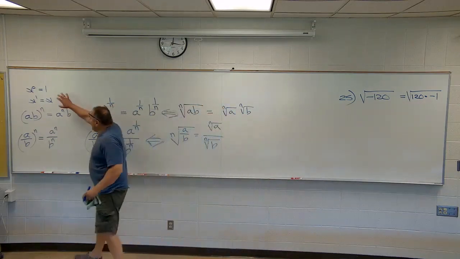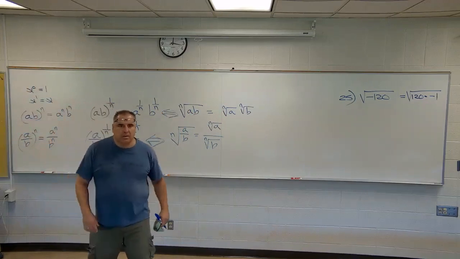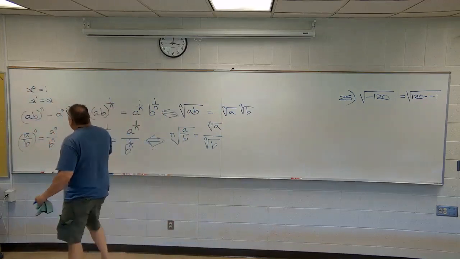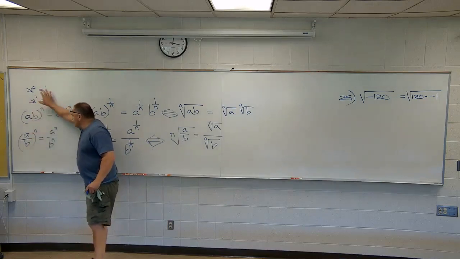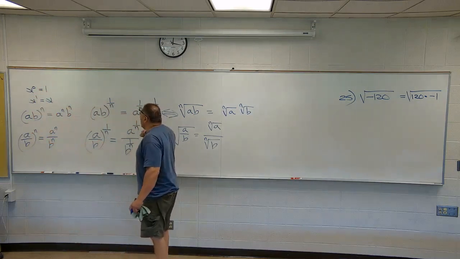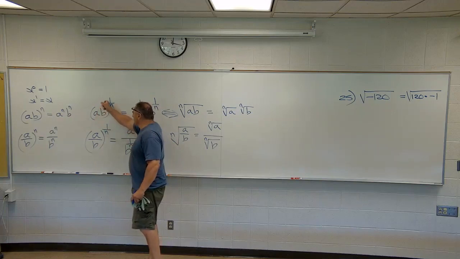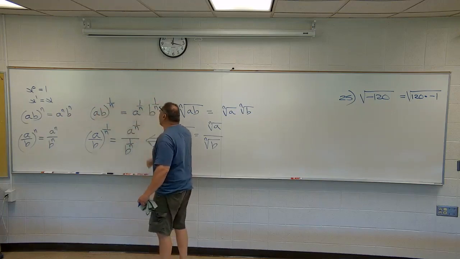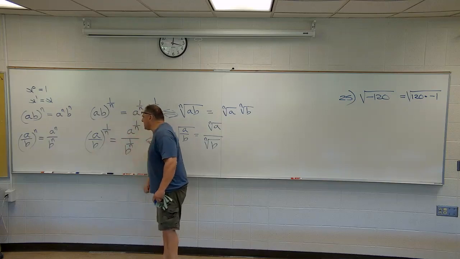You saw me go here at a different time. I'm saying anything on top like this, if there's a product, you bring the thing on top and you can bring it inside. If there's a quotient, something on top here, you can bring it inside.